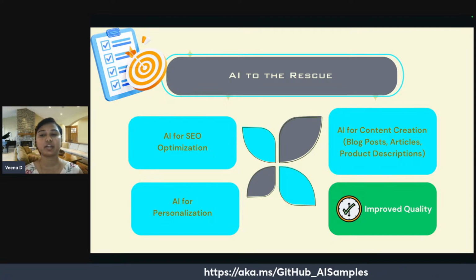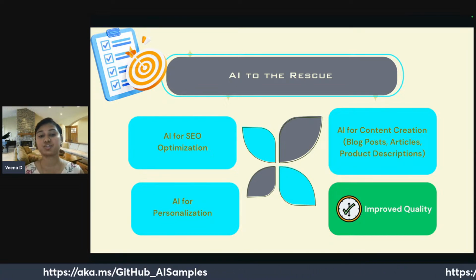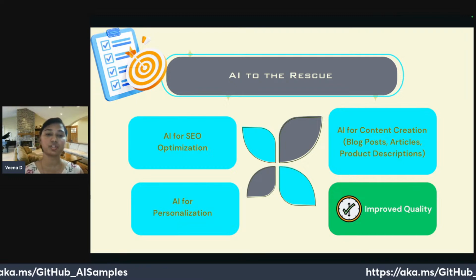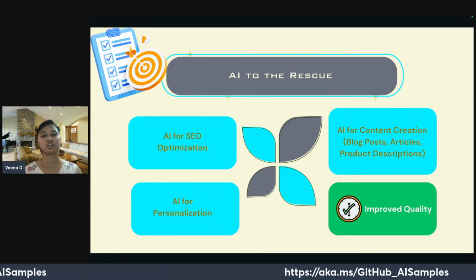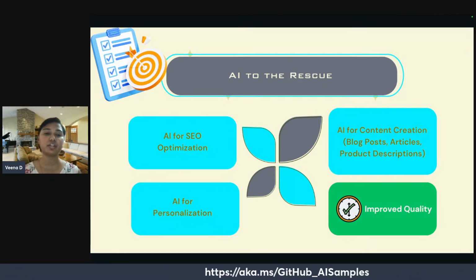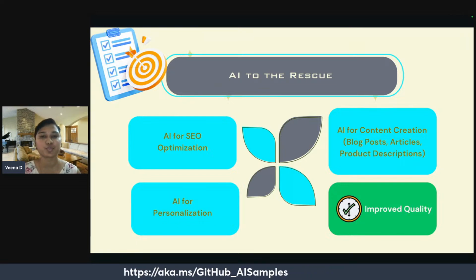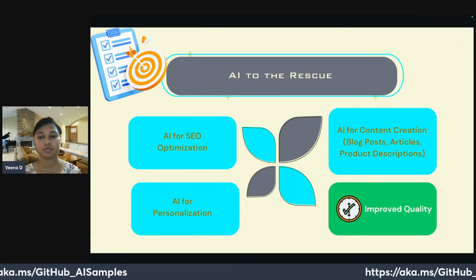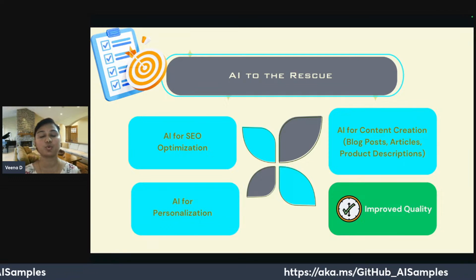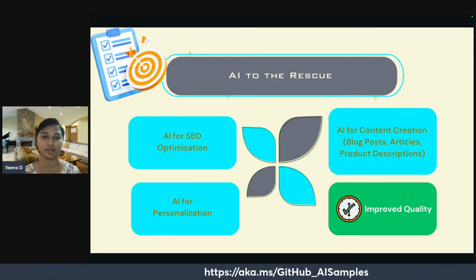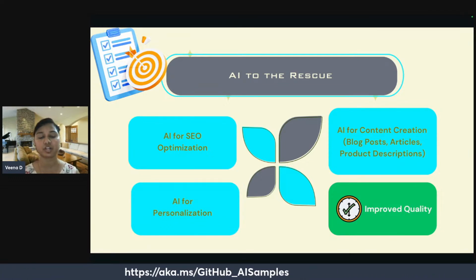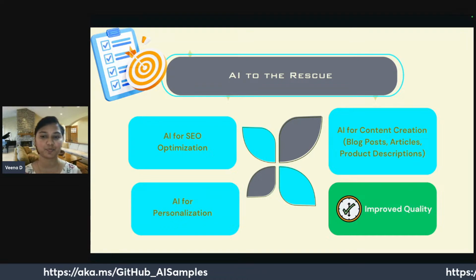So we can get high quality content, and personalization is very easy to do in this. And SEO optimization, of course, gives appropriate keywords within a few seconds. So it's obviously a big time saver: we are getting improved quality of content within less time.